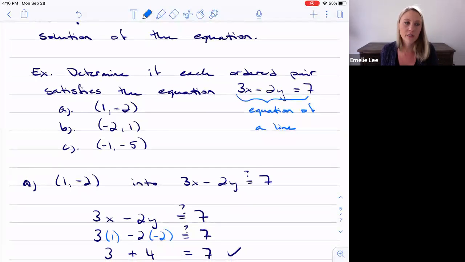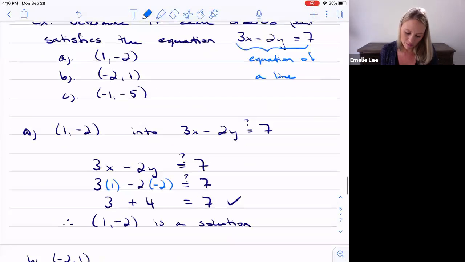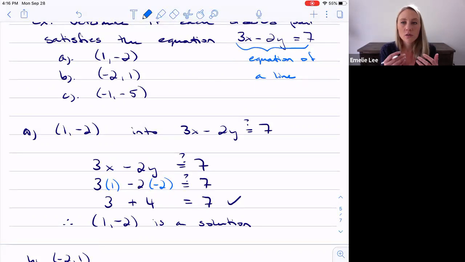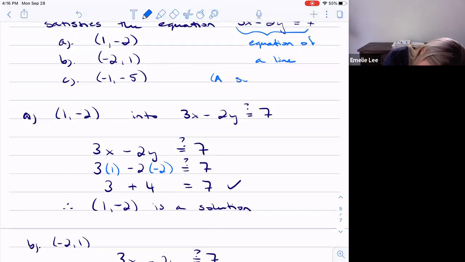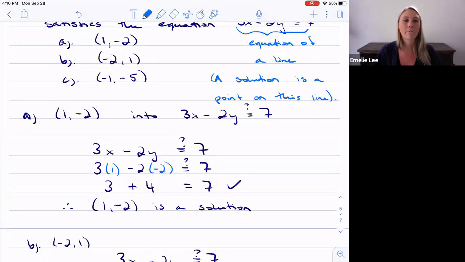So what does it mean for these points to be a solution? A solution is a point on this line. Any point that's not on this line is not going to be a solution. So a solution is a point on this line. That's what that means, but like I said, we're going to flesh that out a lot.